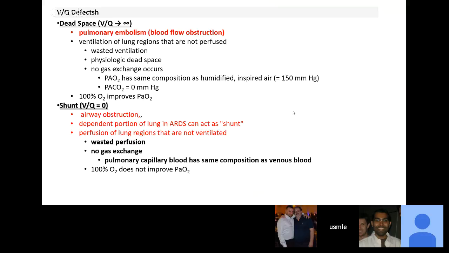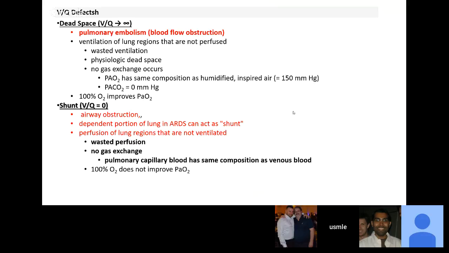So this is a question that has been asked. What is the difference between a shunt and dead space as a VQ? The difference is that in dead space, when you give 100% oxygen, that improves the PaO2 value.